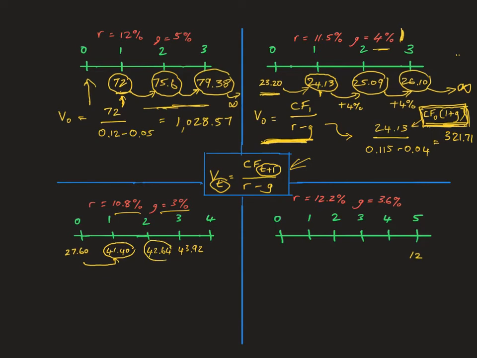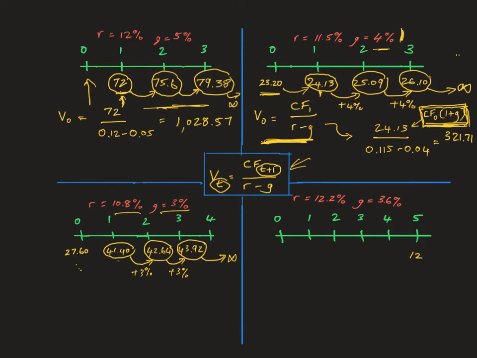And if we follow the practice that we've been doing up until now, we are now aware that we have a series of cash flows beginning at that point there and carrying on with that pattern of growth in perpetuity.